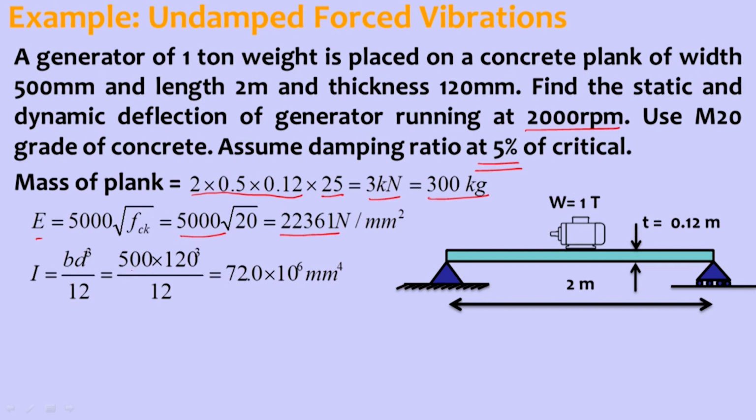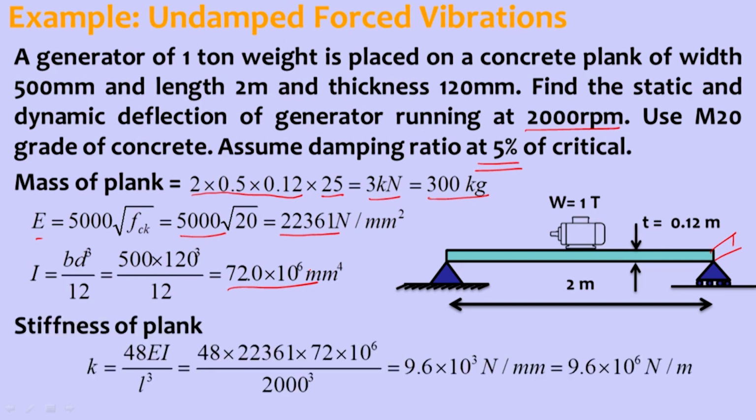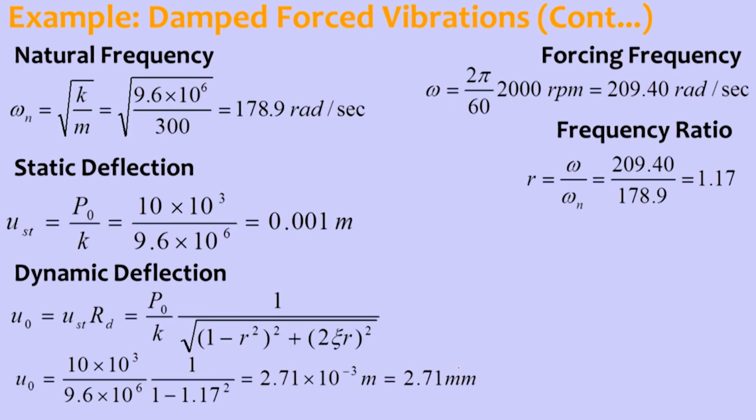B is 500, depth is 120 mm, so that is 72 into 10 to the power of 6. The stiffness of the plank is 48 EI by L cube. When we substitute all the above values, we get 9.6 into 10 to the power of 3 Newton per millimeter, or 9.6 into 10 to the power of 6 Newton per meter.